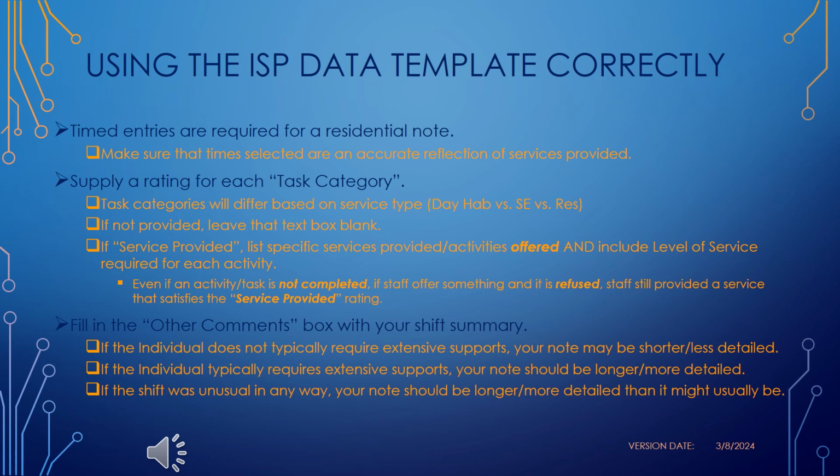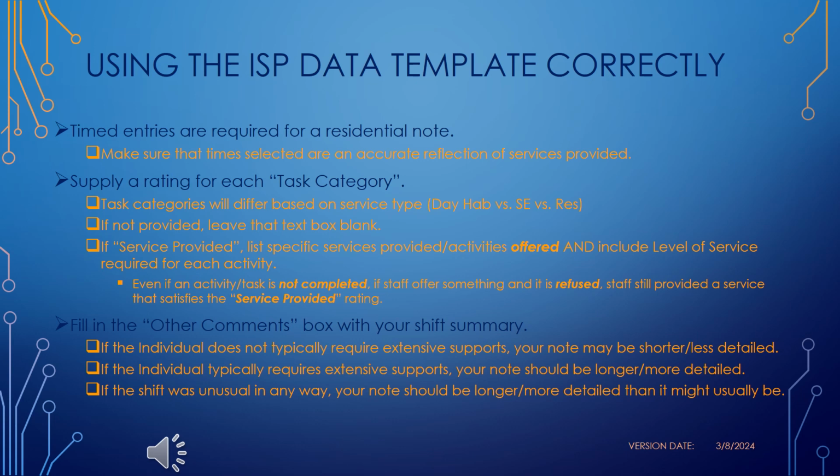They can either list all of the activities and then next to each activity put the level of service, or staff can list all of the levels of service and then next to each one list all of the activities that fall under that level of support. Either option is acceptable as long as both pieces of information are included in the text box. Staff must include the list of services and activities and the level of support provided by staff.